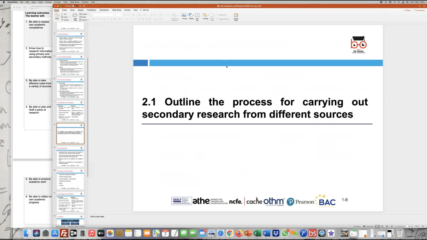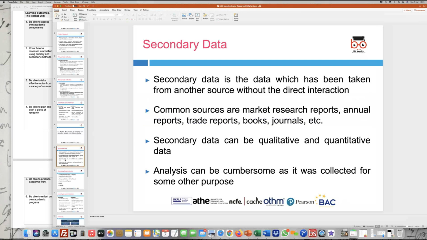Now, when we talk about the process of carrying out the research through secondary resources, what we mean is that we are going to be essentially collecting data from data points which could be from another source, and there is no direct interaction with the data or the participants that you are collecting it from.